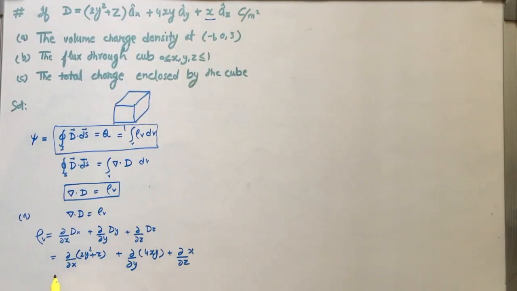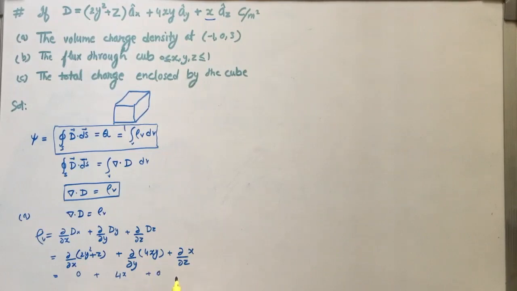After differentiation, this will be considered as constant if we are doing partial derivative, so it will give us 0. Here we will get 4x and here we will get 0.